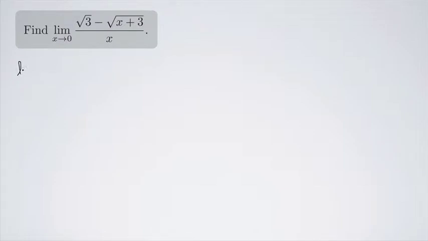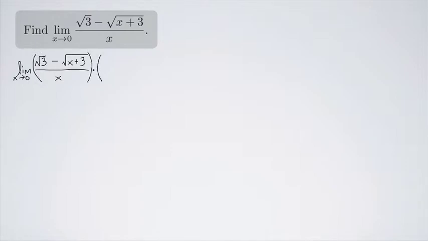So we have the limit as x approaches 0 of the square root of 3 minus the square root of x plus 3, all over x. And what I'm going to do is multiply, so maybe I'll put some parentheses around this.